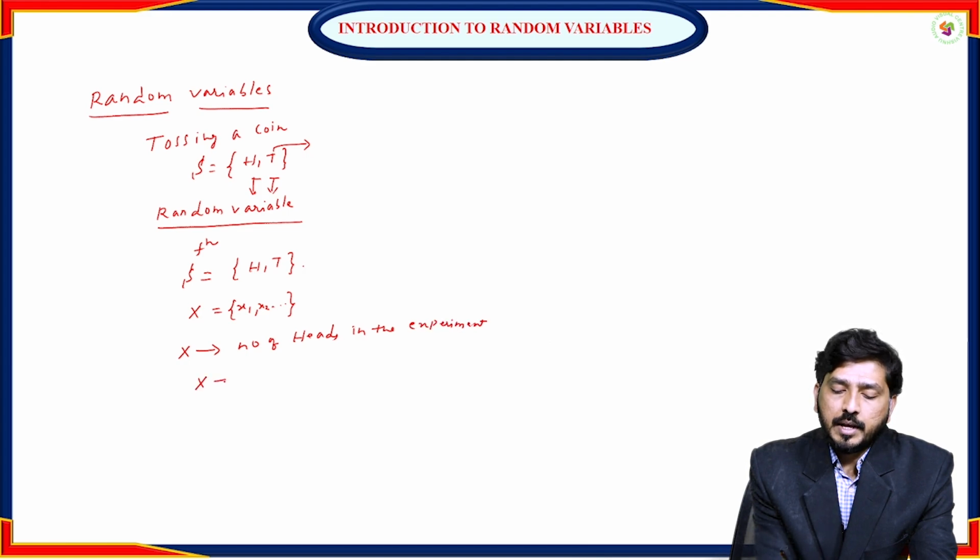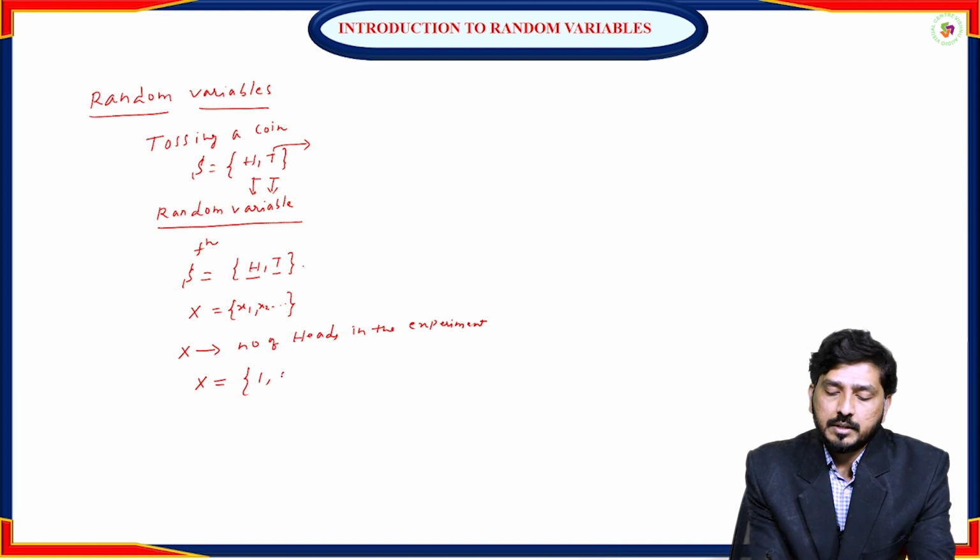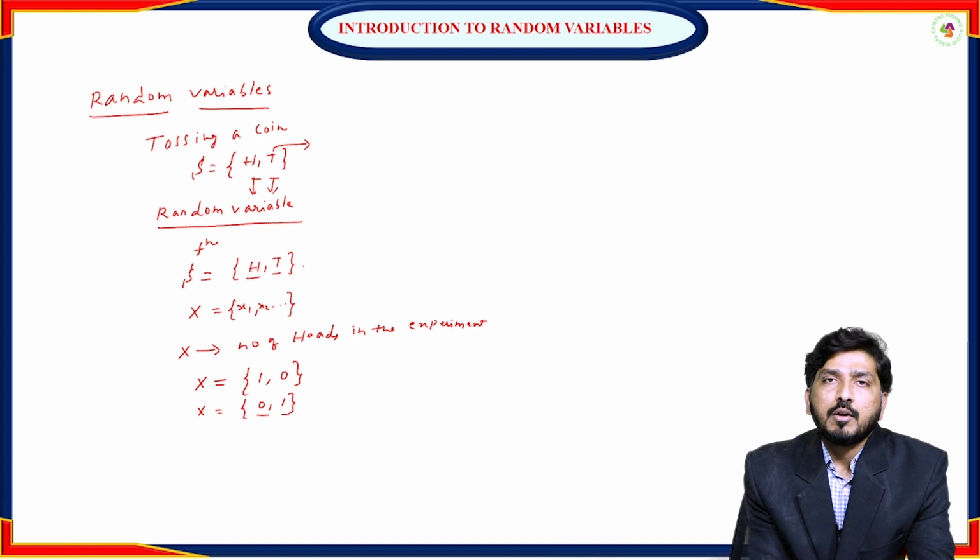Now the random variable X, the number of heads, is equal to: the number of heads in the first sample is 1 and the number of heads in the second sample is 0. Now rearrange this as 0, 1. So the random variable is 0, 1, where 0 indicates the number of heads is 0 and 1 indicates the number of heads is only one.